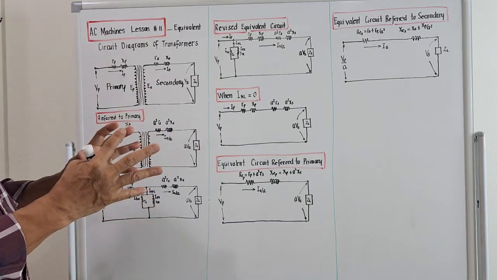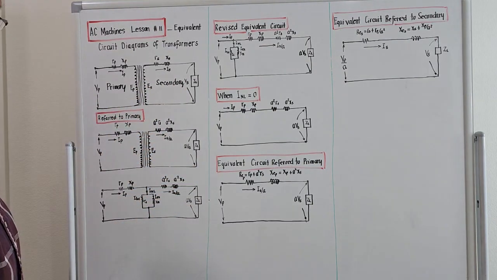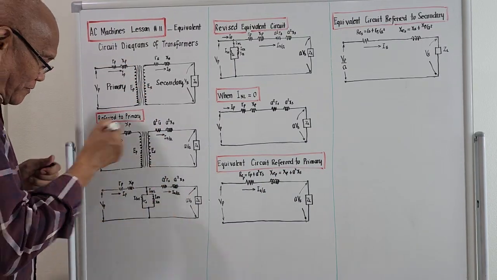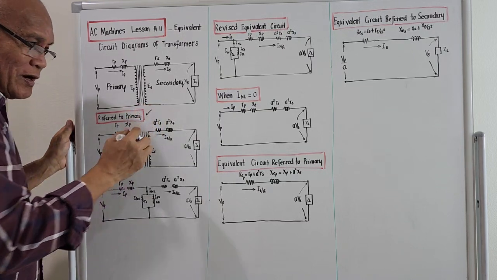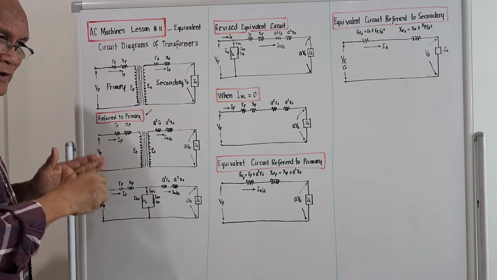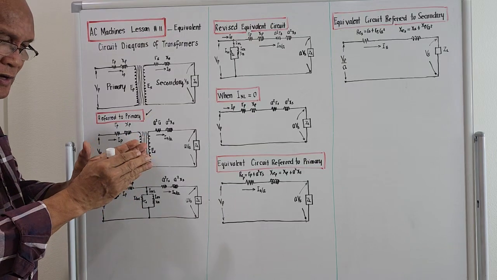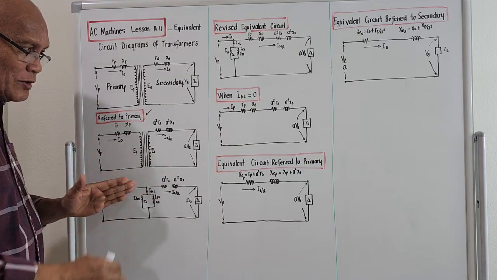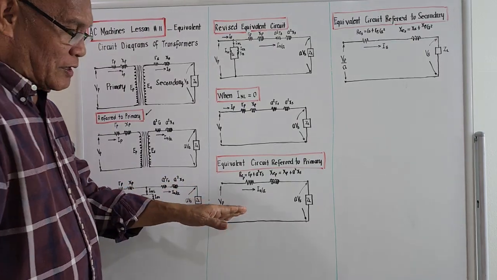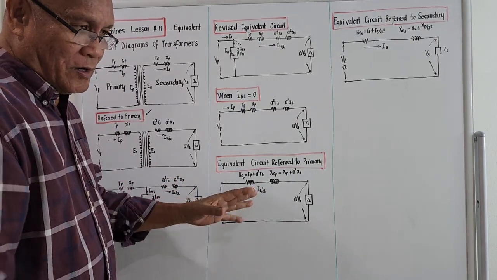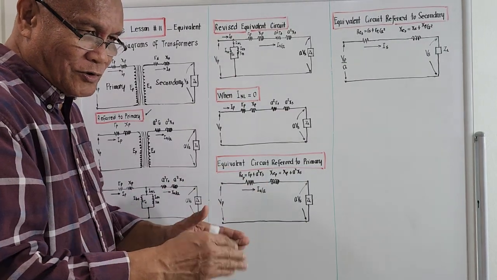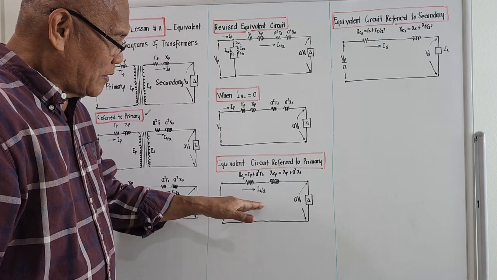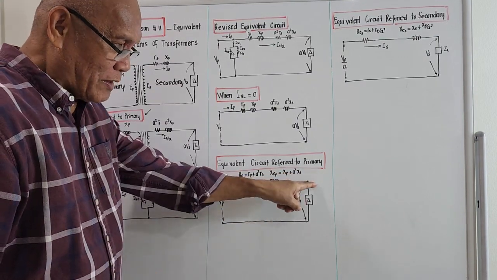Okay, let's try to take the equivalent circuit diagrams of this. For the meantime, we refer all values to primary. Okay? We will not do it primary and secondary at the same time. We will just refer all values to the primary. And as soon as we derive the relations on the primary, we will do something by just using the ratio transformation, so we could take the equivalent circuit diagram referred to the primary.